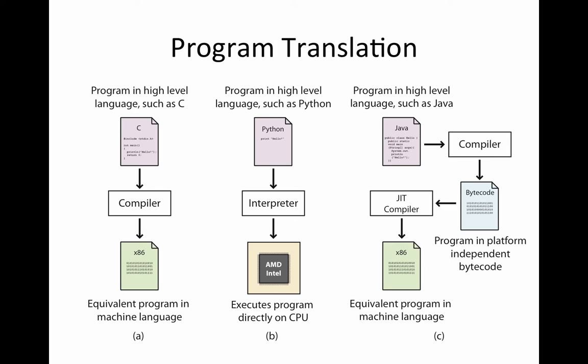We can have many different machines to which we will transfer this bytecode. However, each of those machines will have its own Java virtual machine, which will be specific for that platform. And part of the JVM, the Java virtual machine, will be the just-in-time compiler, which will take the bytecode and produce the equivalent program in machine language.